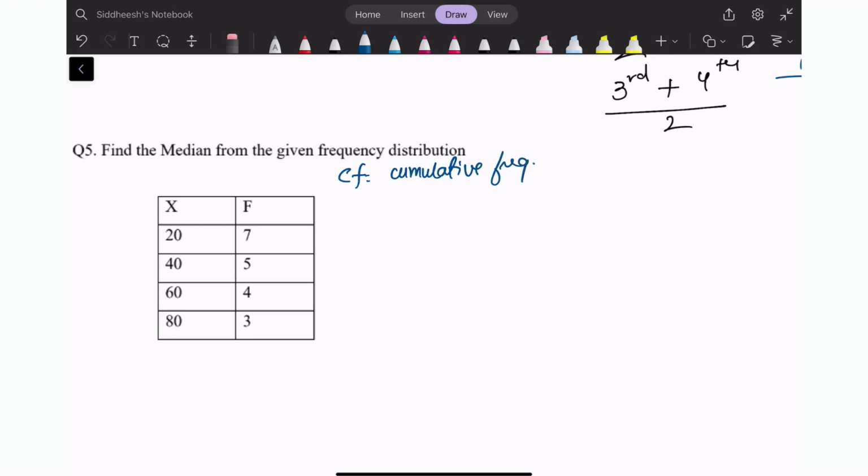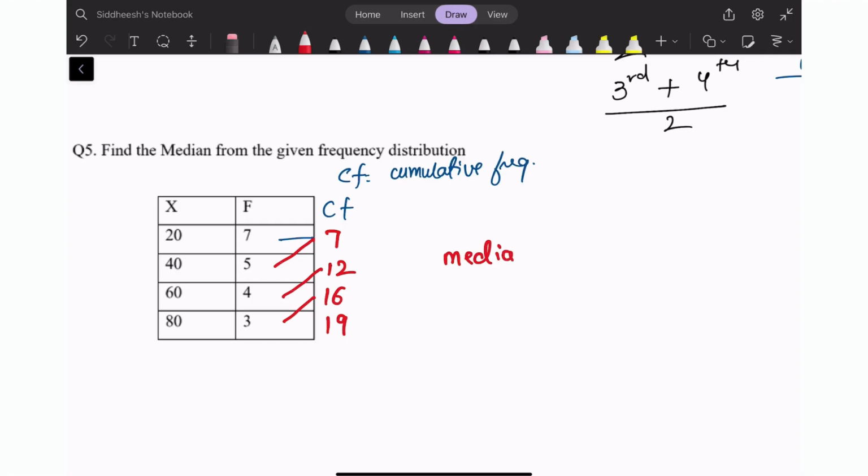So how to find CF? It's very simple. 7 will be 7. 7 plus 5 is how much? 12. 12 plus 4, how much? 16. 16 plus 3, how much? 19. Perfect.